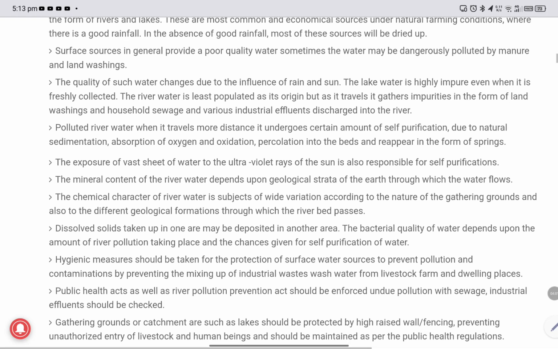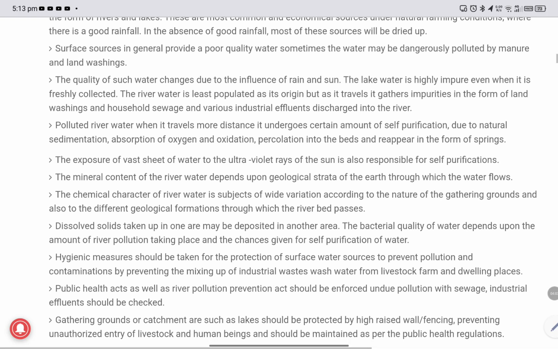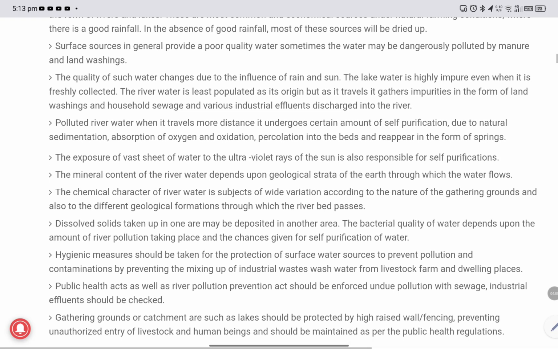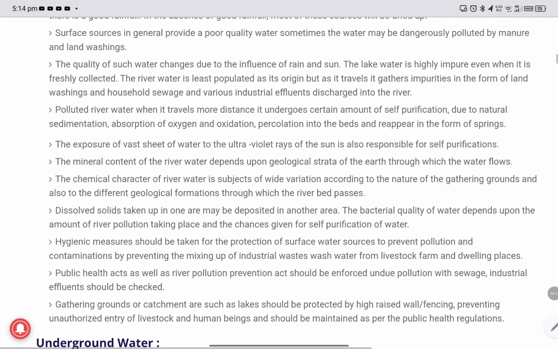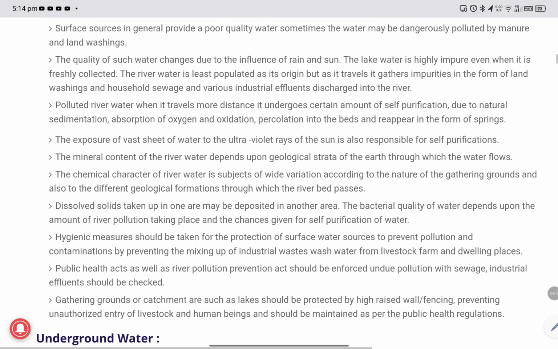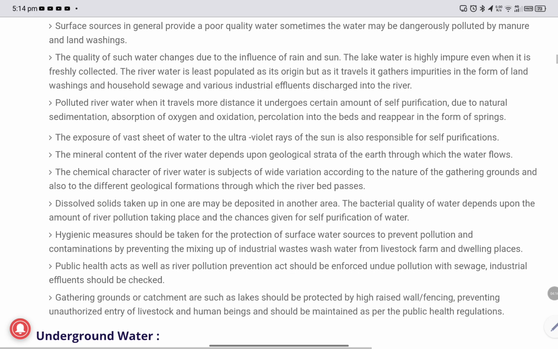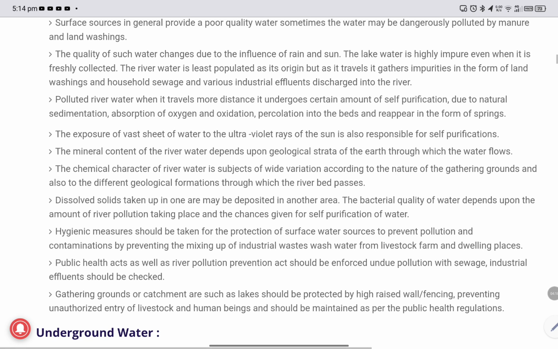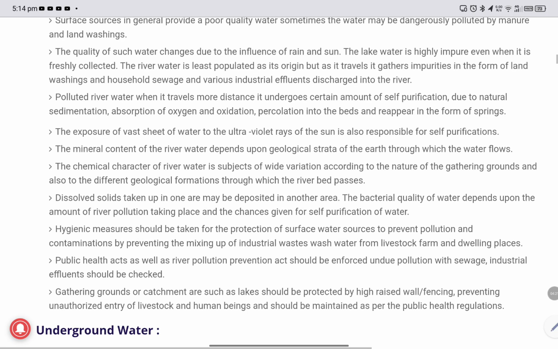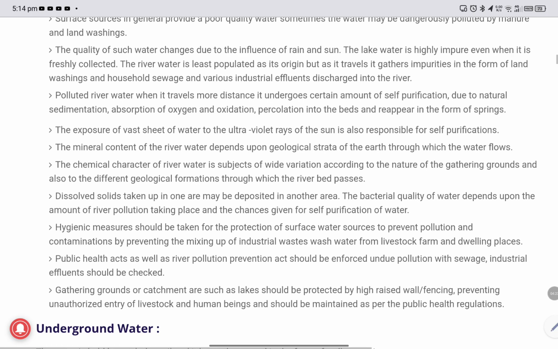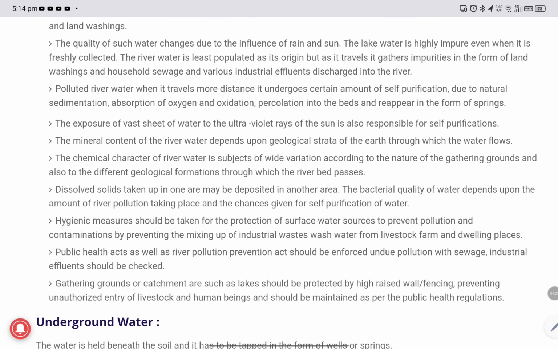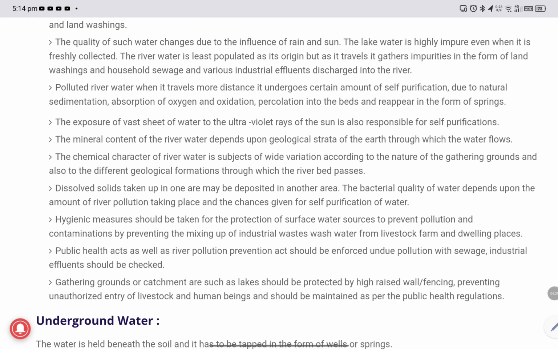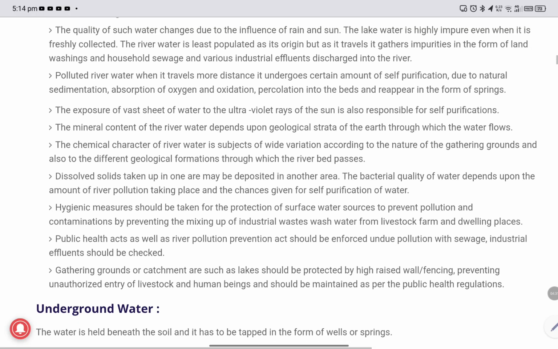The river water is least polluted at its origin, but as it travels, it gathers impurities in the form of land washing, household sewage and various industrial effluents discharged into the river. Polluted river water, when it travels more distance, undergoes a certain amount of self-purification due to natural sedimentation, absorption of oxygen and oxidation, and percolation into the beds and reappearing in the form of springs.